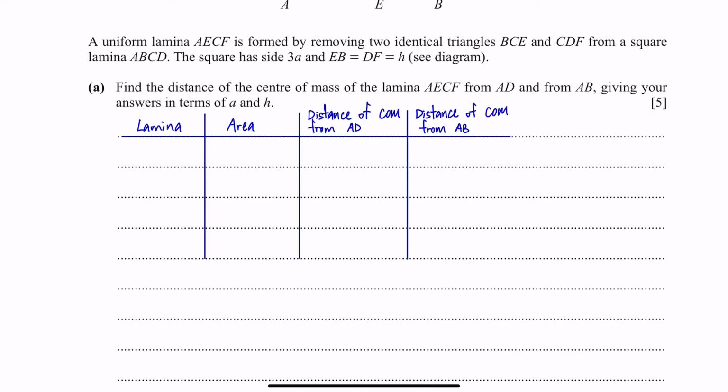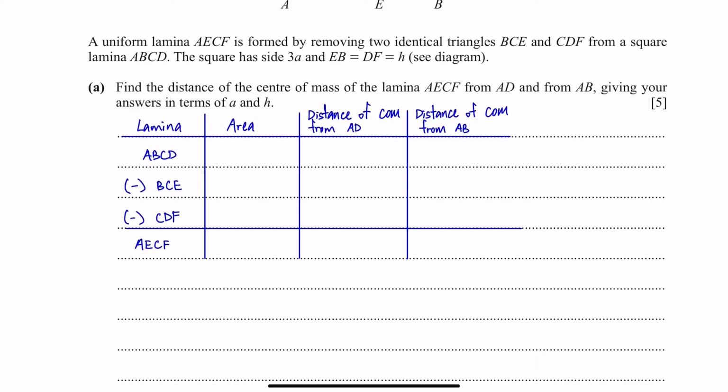So for the first row, we have the lamina ABCD, which is a square. The second one, we need to minus the triangle, which is BCE, and we minus another triangle, which is CDF. And lastly, we would get the uniform lamina AECF that we want.